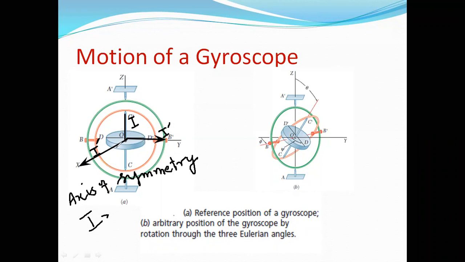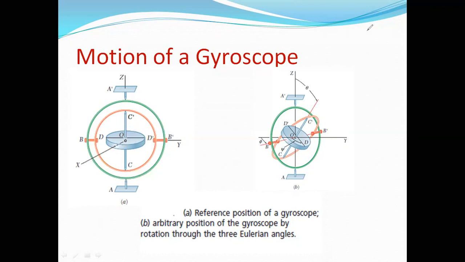Whatever is the moment of inertia of the disk about the x-axis, the same will be the moment of inertia of the disk about this y-axis. So the moment of inertia about the z-axis is I, and the moment of inertia of this disk about the x-axis and y-axis is I prime and I prime.